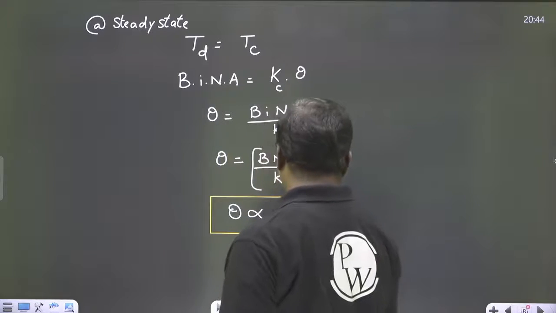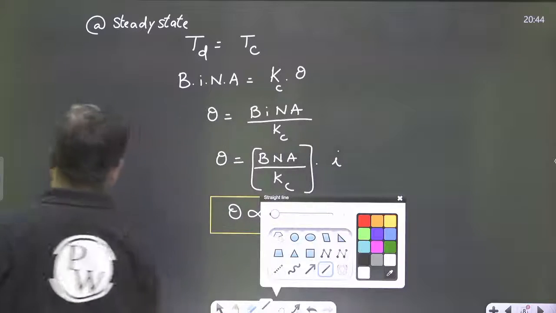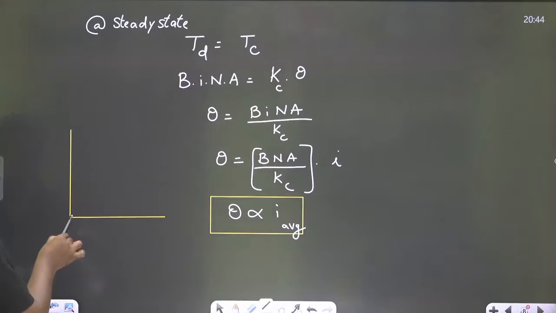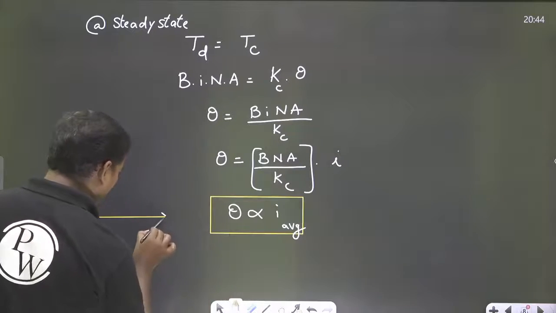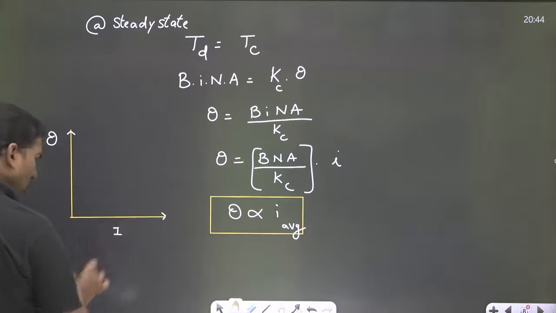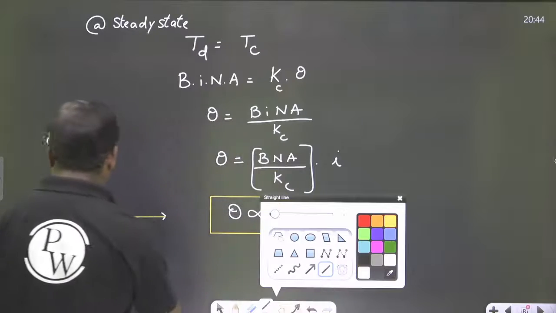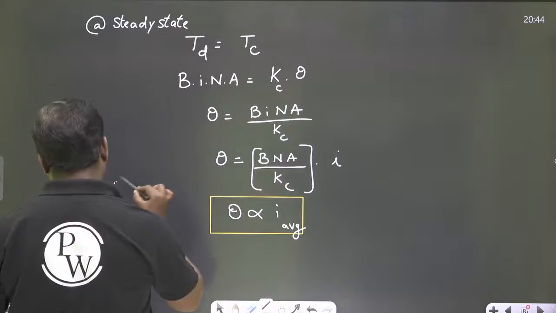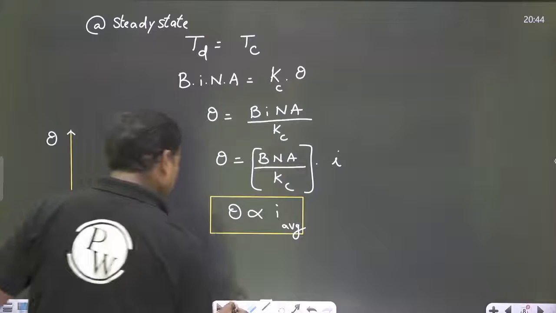So from this, if you draw the graphical representation, on the y-axis you take the deflection and on the x-axis the current. The graph is going to be a straight line. That means the characteristics are obviously linear.